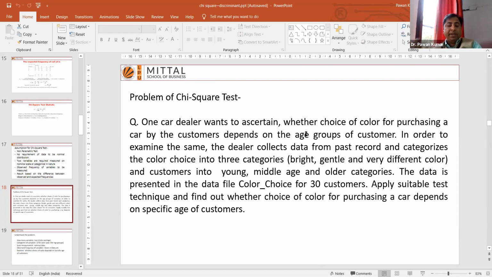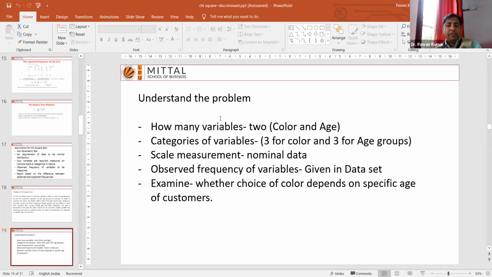Definitely you will go for the chi-square test, because you are going to ascertain the association between the choice of color and the customer category, that is young, middle-aged, and older. Okay, so one thing is very clear to you.